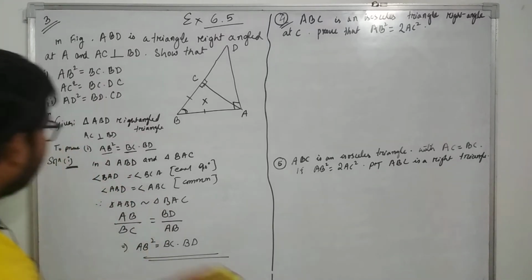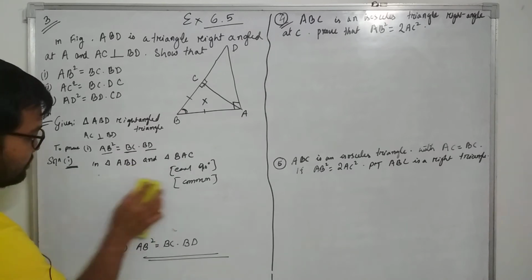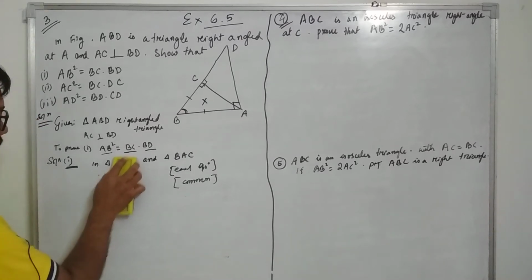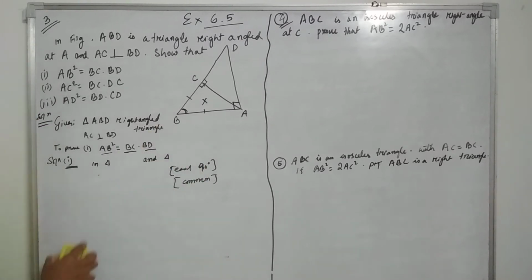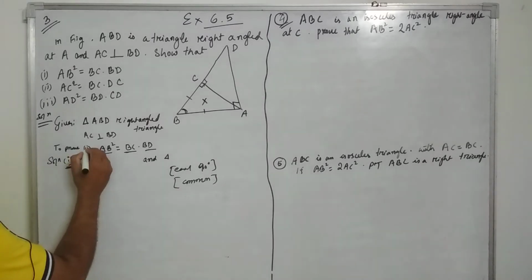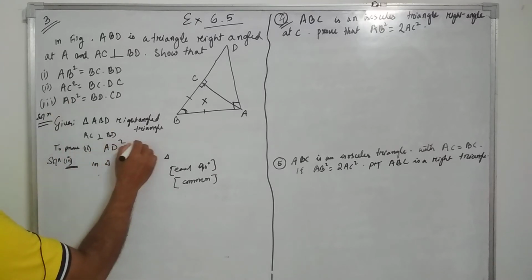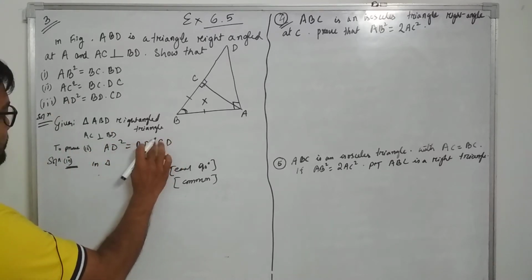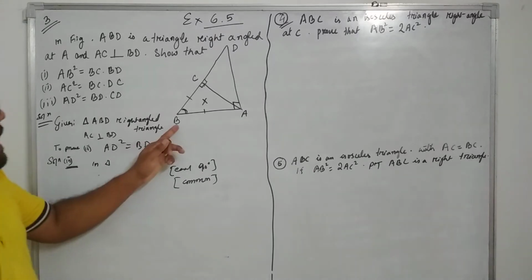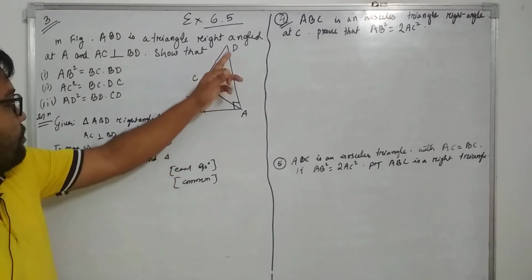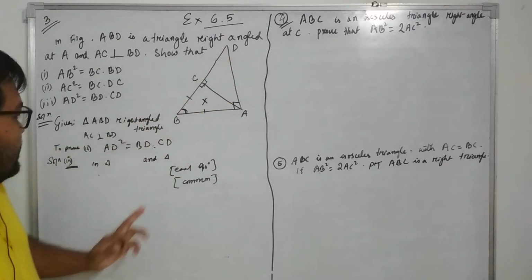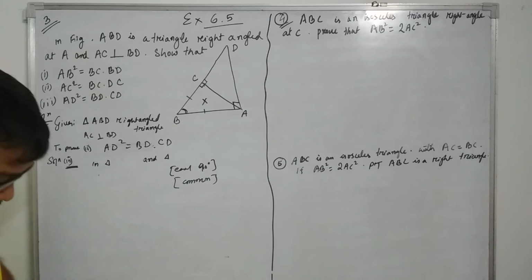Next we will see Roman number 3. We need to prove AD square equal to BD into CD.